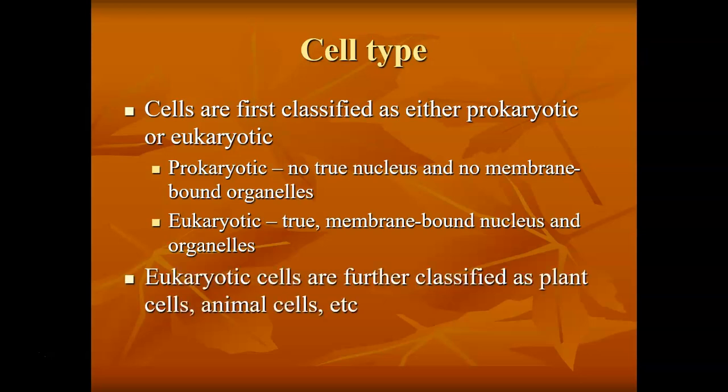So we can then classify eukaryotic cells even further into plant versus animal, and the structures that they have that are different there. Plants have things like chloroplasts, while animal cells don't have those sorts of structures because they don't do photosynthesis, which is what the chloroplast is necessary for.